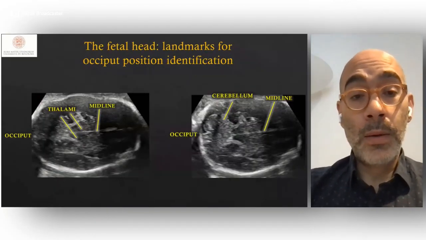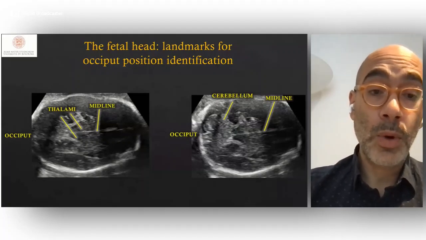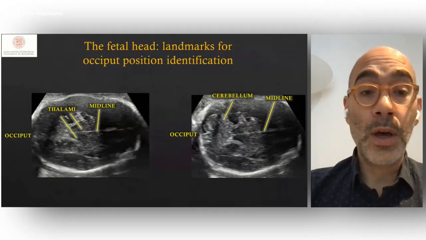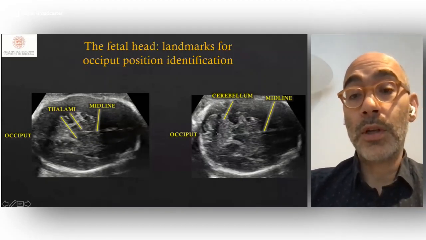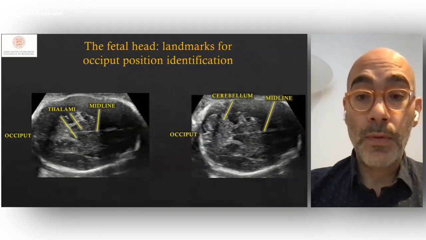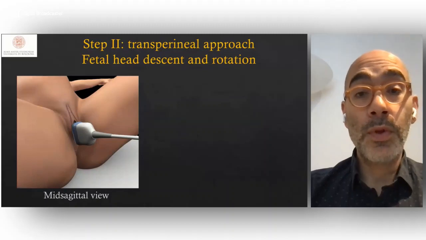We can use the intracranial structures to help us understand where the occiput is. The thalami are an umbrella-shaped structure pointed to the occiput, and the fetal cerebellum lies where the fetal occiput is. So this is the transabdominal approach, and then we go on to the transperineal approach.